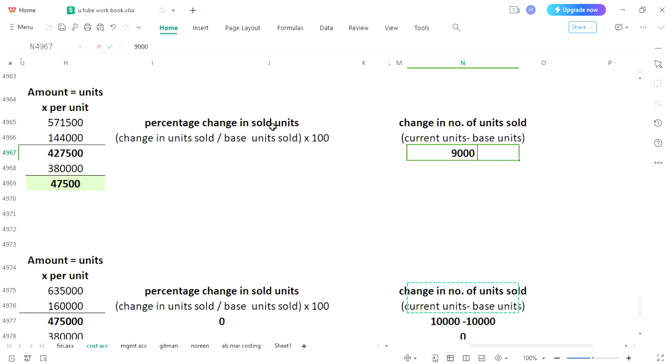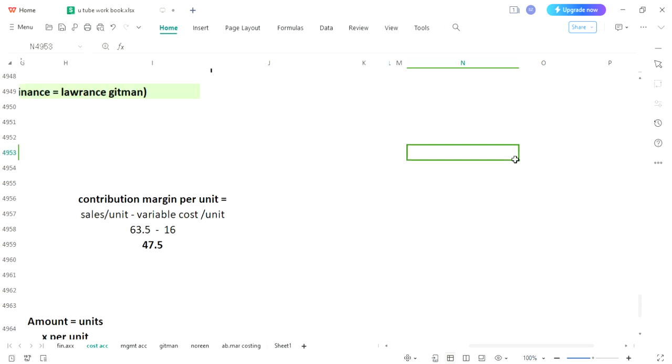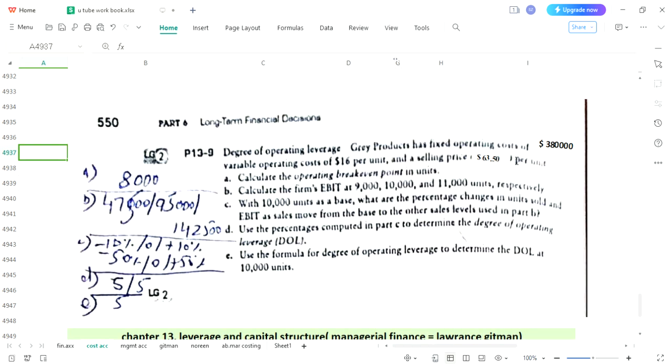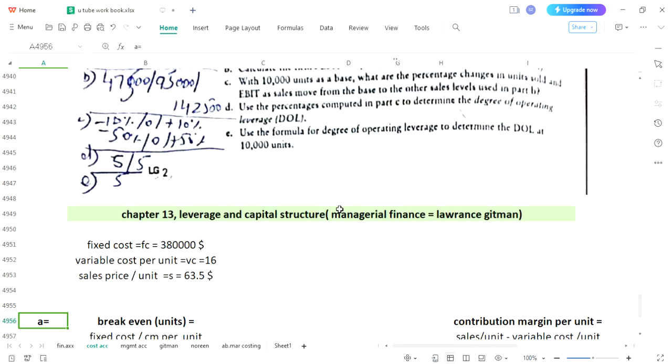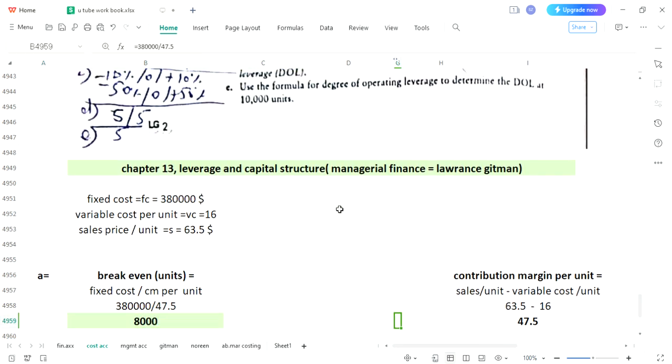And you need to subtract your base unit. Base unit, it was said in your question, is 10,000 units. Let me show you that in your question it was asked with 10,000 units as base. So we are doing the same thing over here.